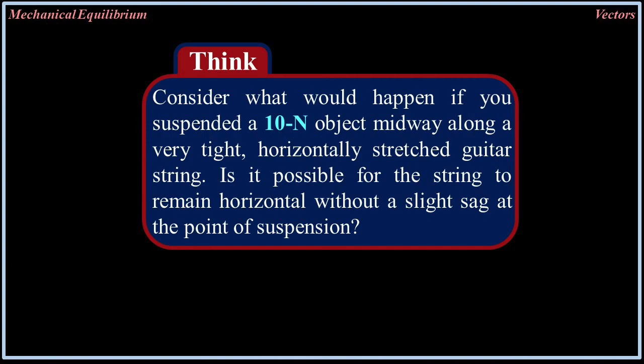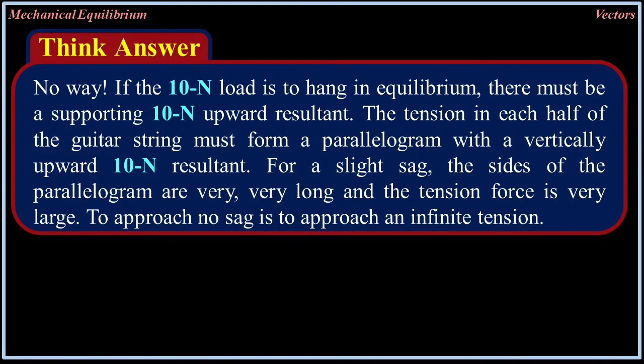Consider what would happen if you suspend a 10 Newton object midway along a very tight, horizontally stretched guitar string. Is it possible for the string to remain horizontal without a slight sag at the point of suspension? No way. If the 10 Newton load is to hang in equilibrium, there must be a supporting 10 Newton upward resultant.